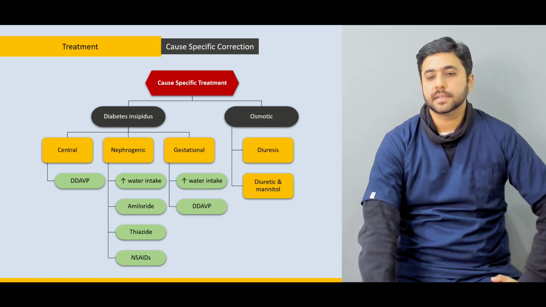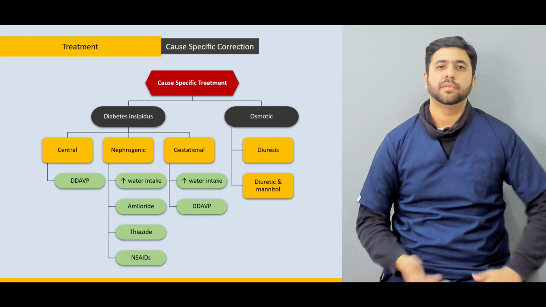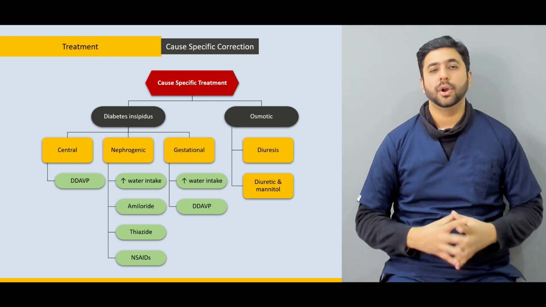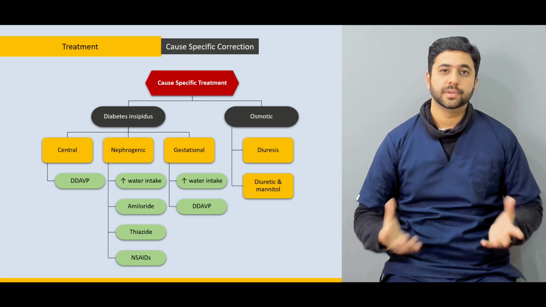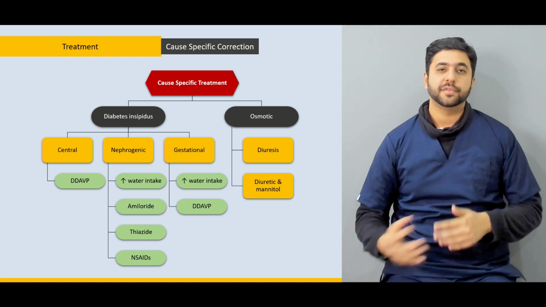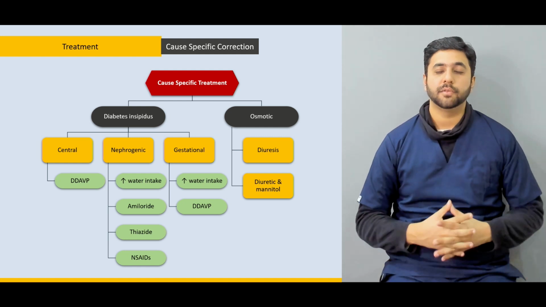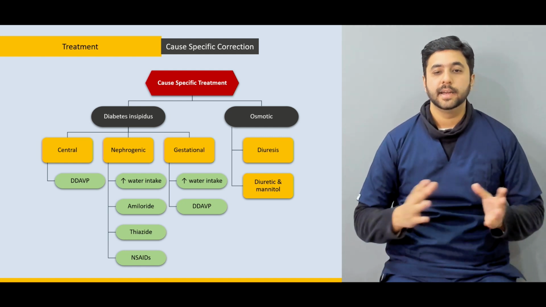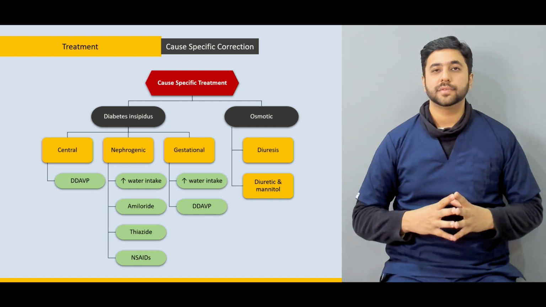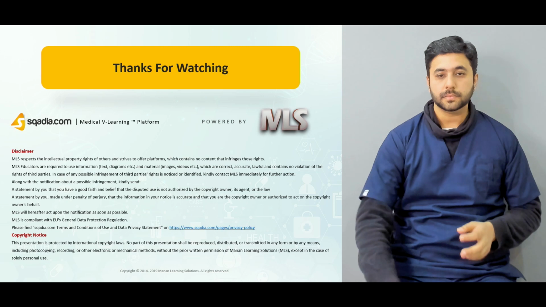And if someone is taking diuretics like mannitol or other certain diuretics that are leading to excess of water and solute loss, but the solutes are in excess of sodium, then those can be corrected by either stopping the offending agent and then correcting the water loss by giving the patient water and increasing the water intake. So this gives us a very good indication of the cause-specific treatment of hypernatremia.